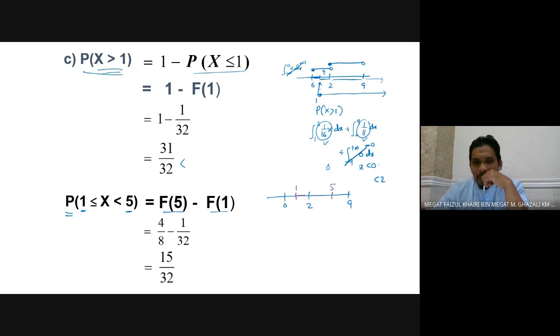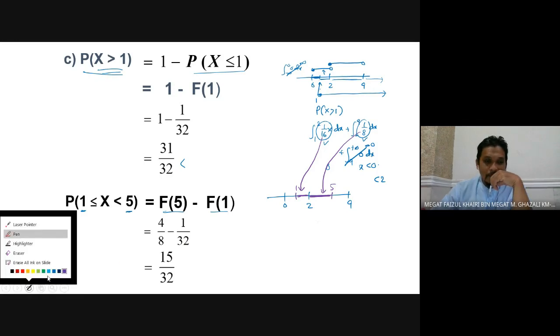From 1 until 2, then next is from 2 until 5. Meaning we are going to use the function that lies in this domain, which is 1 over 16x, and then 1 over 8 on the second domain. Sebab dia merentasi domain x.